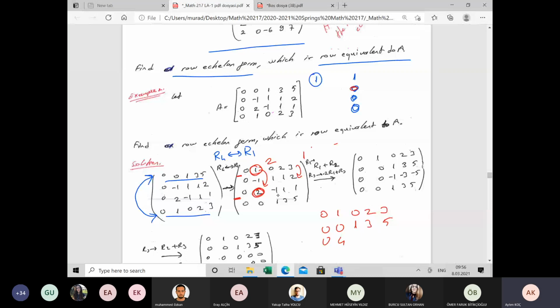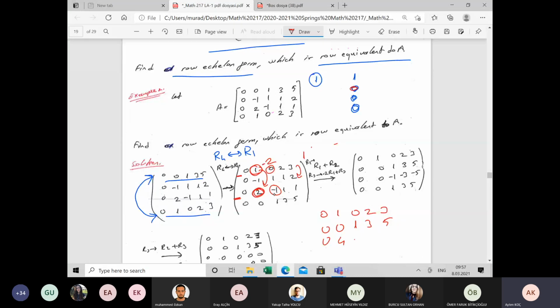Sorry, not multiply by 2, but minus 2 here. Our aim is to get 0 in this position, so multiply by minus 2, of course.